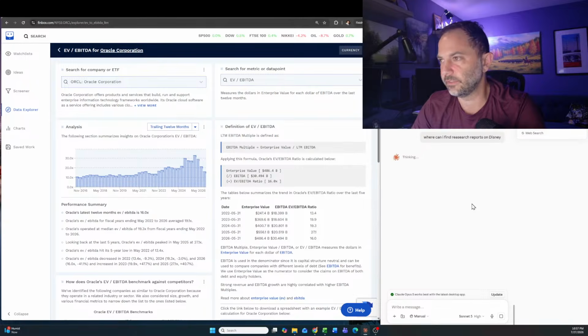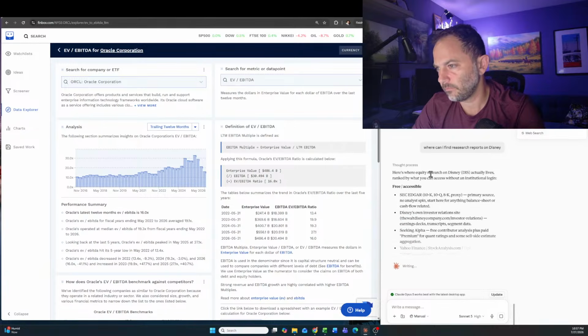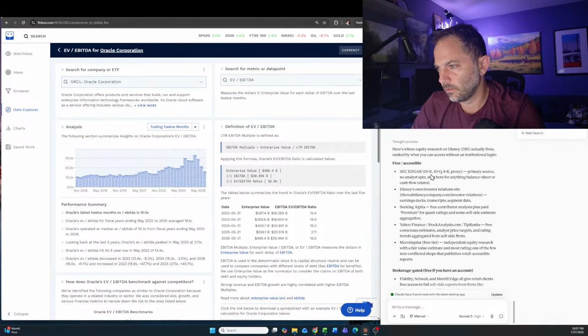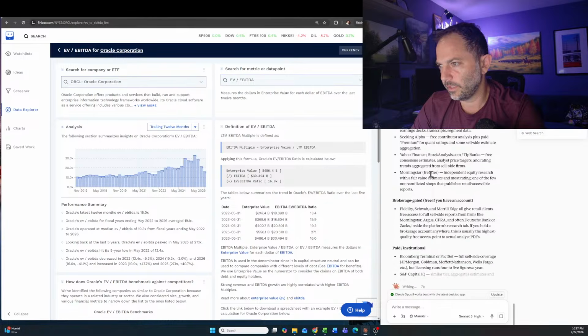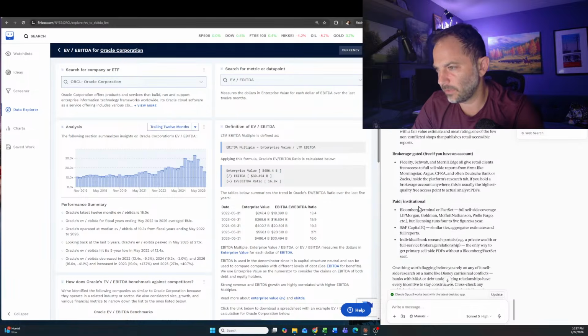Disney's kind of in a league of its own. Not the best stock to pick. Seeking Alpha, Yahoo Finance, Fidelity, Schwab, Merrill Lynch give retail clients access. Morningstar, okay, but who has full sell side coverage? J.P. Morgan, Goldman, Wells Fargo, but licensing runs five figures.